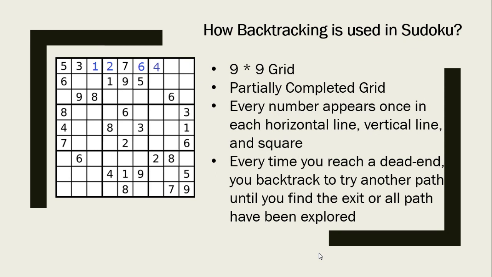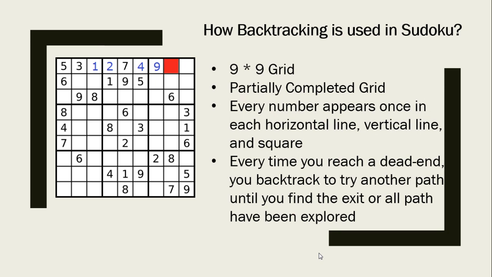Now, as I told you, every backtracking algorithm has certain constraints, and the constraint for solving this Sudoku problem with the help of backtracking is that every number appears once in each horizontal line, in each vertical line, and in each square.